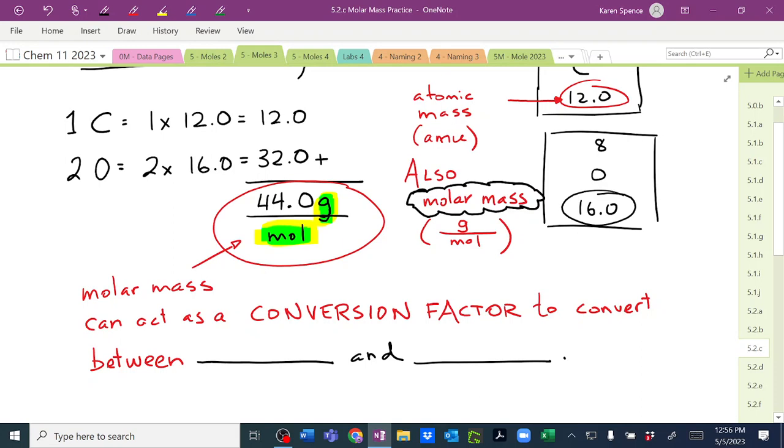So what units will we be converting between if we're using molar mass? Moles and grams.